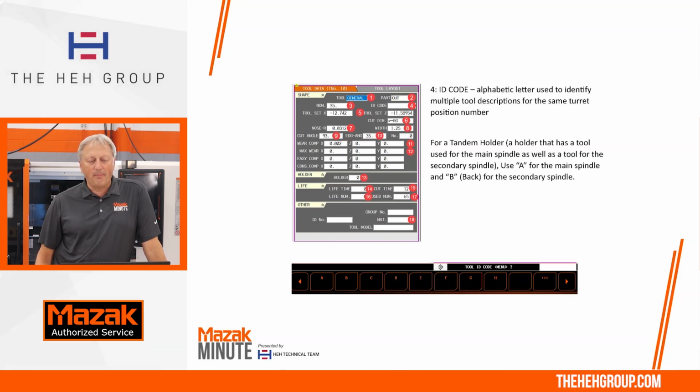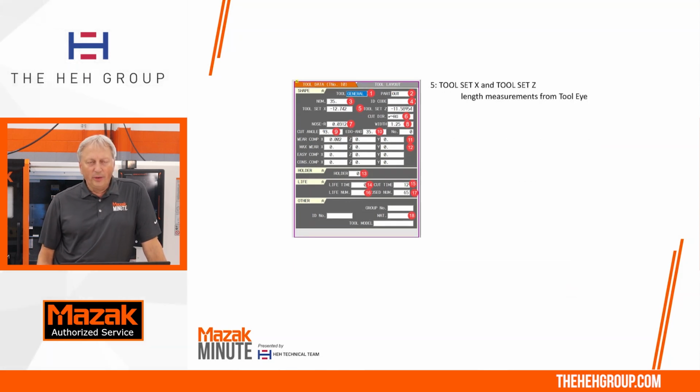So I have the capability of the alphabet from A to Z. For a tandem holder, if I'm doing something on a main spindle, second spindle, a lot of times I'll use the A, so I identified the main spindle, and B for back for the second spindle. The tool sets, those are going to be the values that I will measure off of the tool eye, and they would be represented in the tool set X, tool set Z.